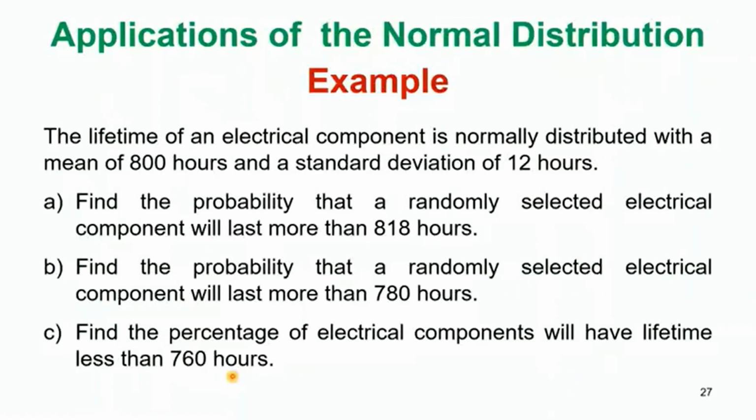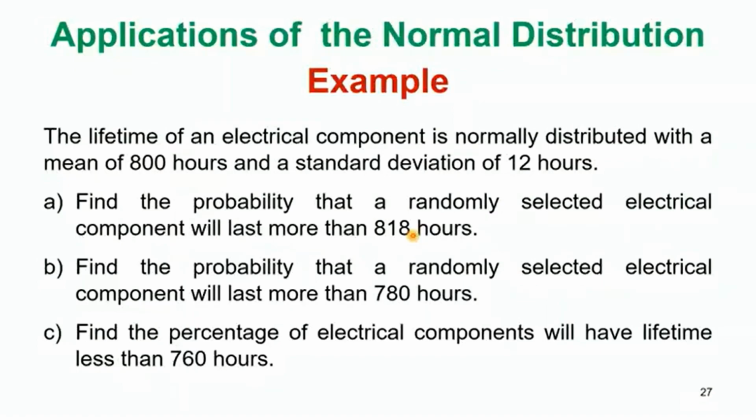How to apply the normal distribution to solve probability questions? In this example, we have an electrical component normally distributed with a mean of 800 hours and a standard deviation of 12 hours. We need to find the probability that a randomly selected electrical component will last more than 818.